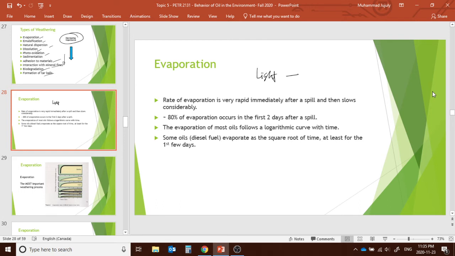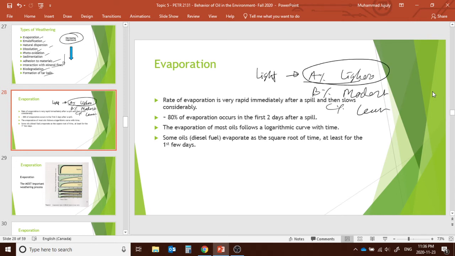It has A percentage of lighter component, B percentage of moderate component, and C percentage of heavy component. If a light crude oil spills, the A component will evaporate immediately, within about 24 hours. So only the B and C percentages would be left.